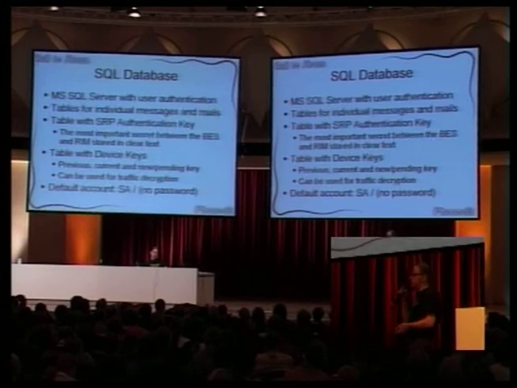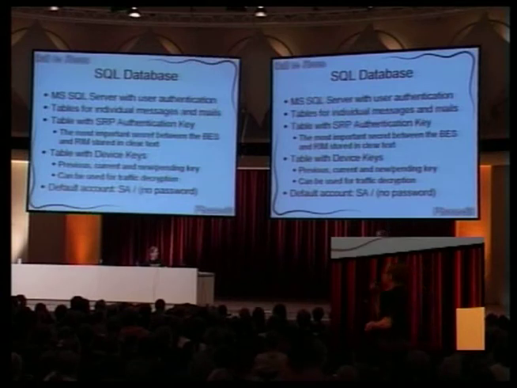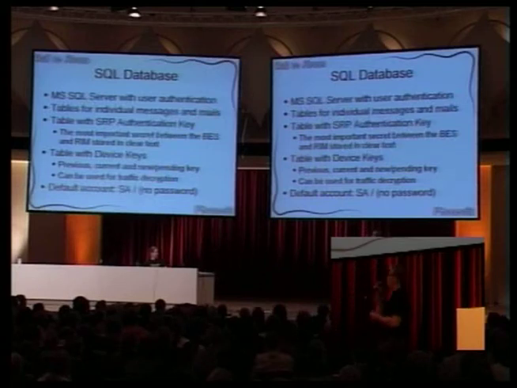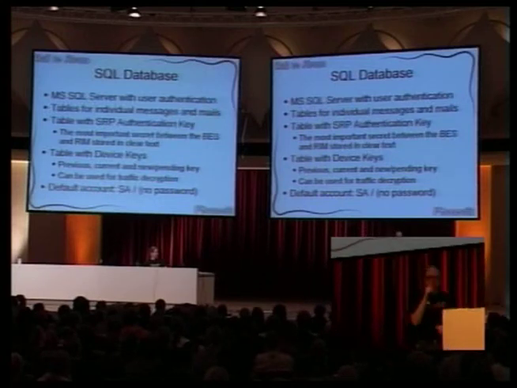And what you get is all the keys. You get the authentication key, you get the device keys, like the current, the last one, and the one that's supposed to go onto the device right now, which you, of course, can use to decrypt the traffic. And yeah, it's all in there.